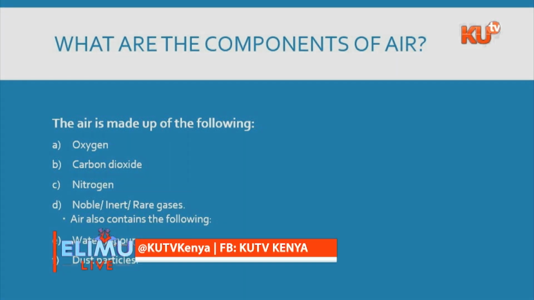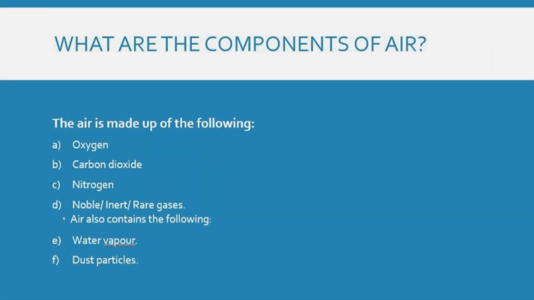Then after oxygen, we have the second one, as you can see on your screen: carbon dioxide. Then number 3, apart from carbon dioxide, we have nitrogen. Then number 4, we have rare gases.